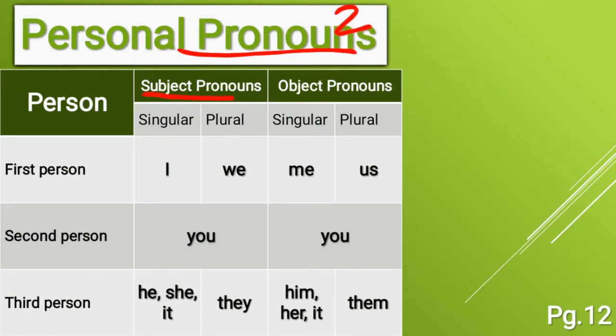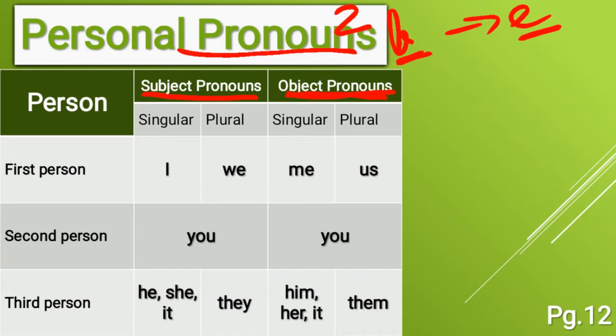First one, subject pronouns. Second one, object pronouns. Subject pronouns you can use only in the beginning of the sentence, and object pronouns you can use only at the end of the sentence. Subjects beginning, objects end. Keep it in your mind, don't forget.